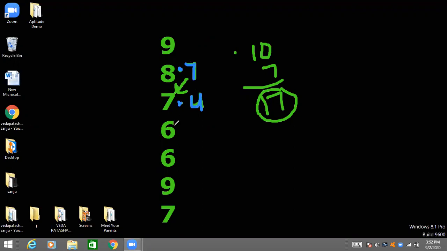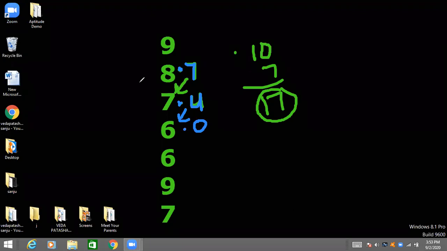Now 6 plus 4, did we get the end number? 0. Yes, we got the end number because it is equal to 10. Equal to 10 also, we can get the end number. If we add and get a single digit number only, we don't get an end number. Otherwise, if it is equal to 10 or more than 10, we will get the end number.